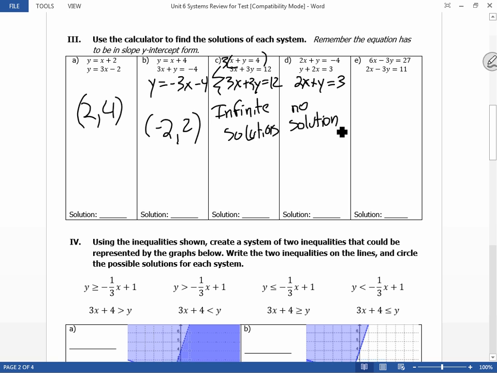For E, once again, they want us to use the calculator. And if you wanted to solve these equations, you would get negative 3y equals negative 6x plus 27. Divide both sides by negative 3 and you get y equals 2x minus 9.